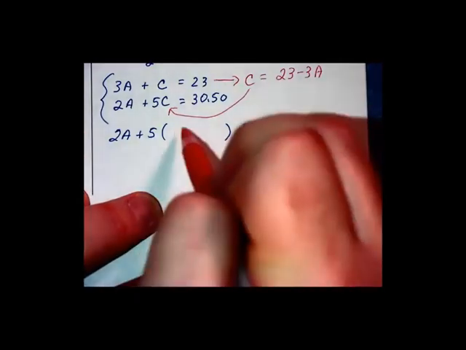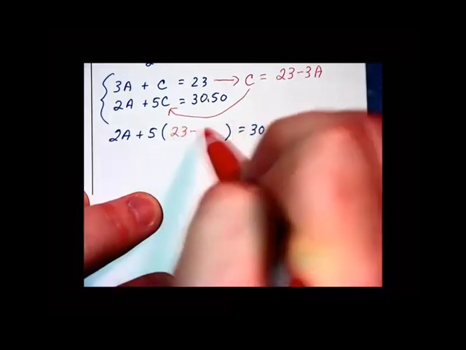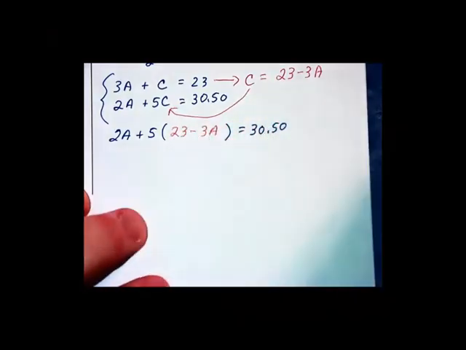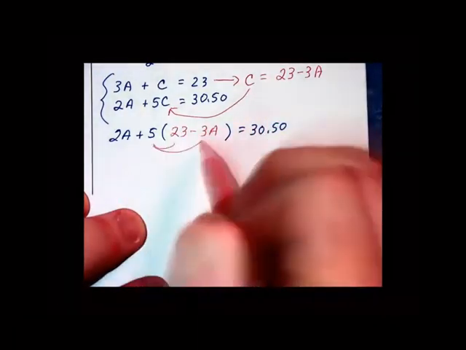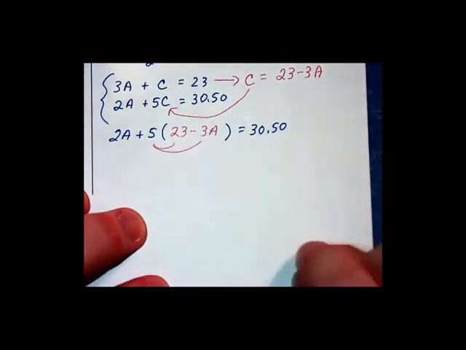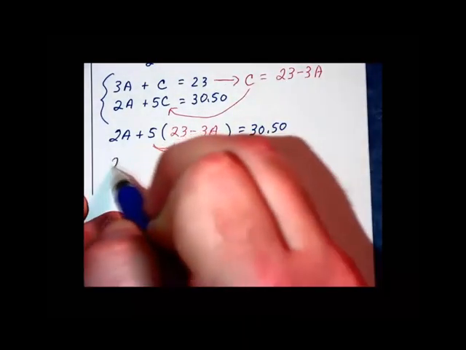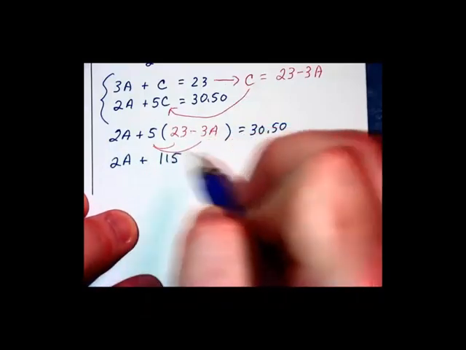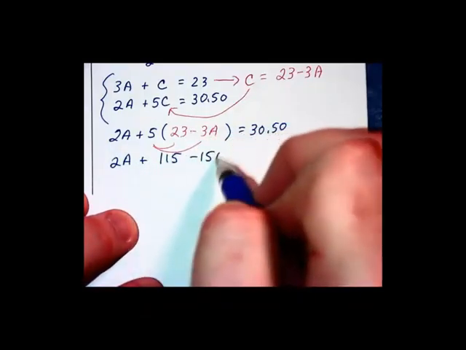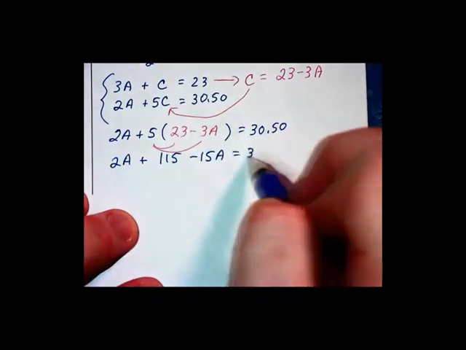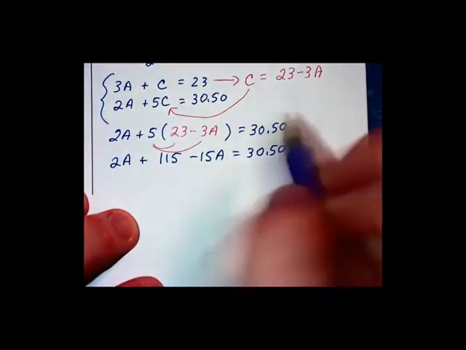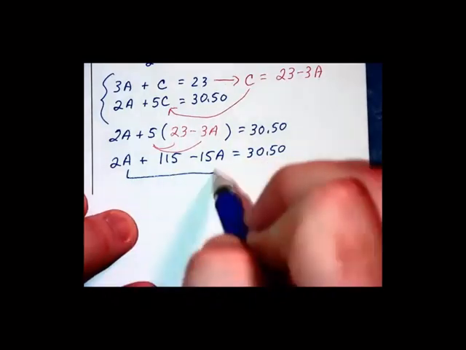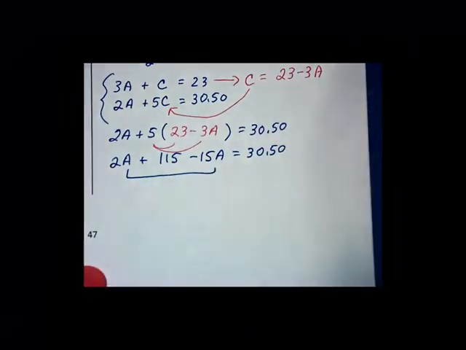My input here is 23 minus 3a. We're going to do some distribution on the left side of the equation to see what happens. We have 2a plus 115 minus 15a equals $30.50.